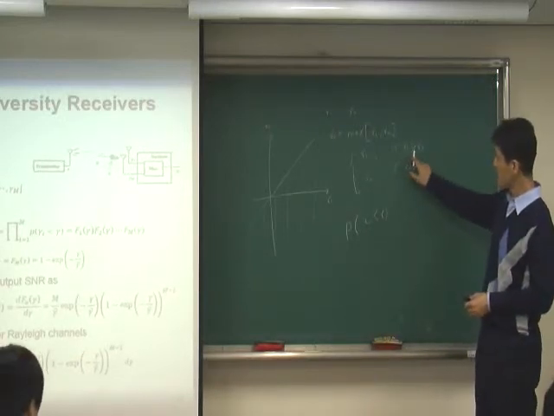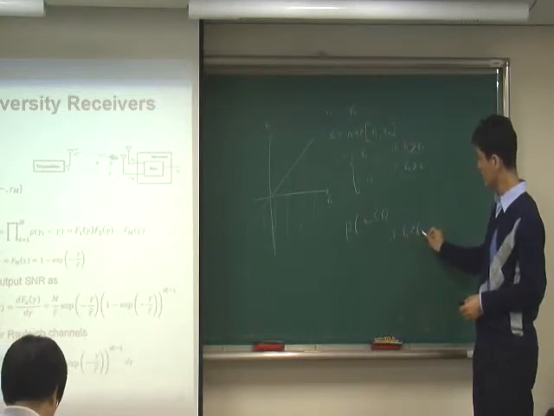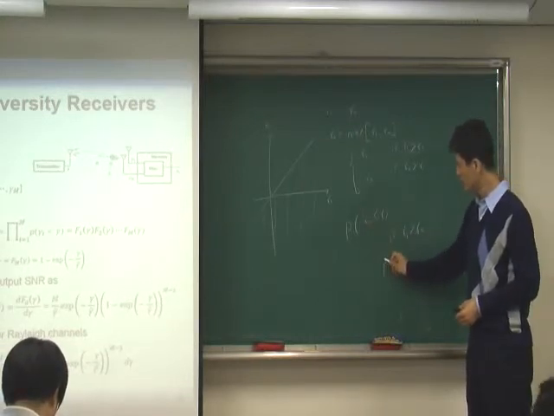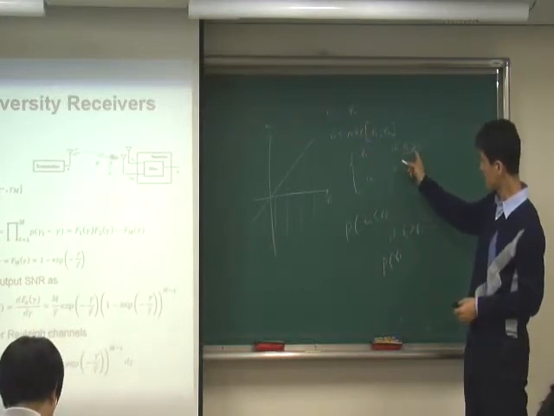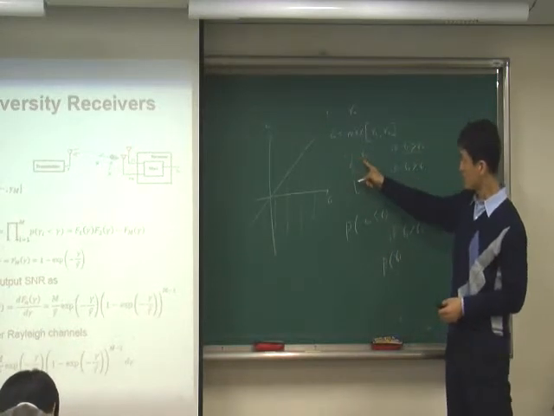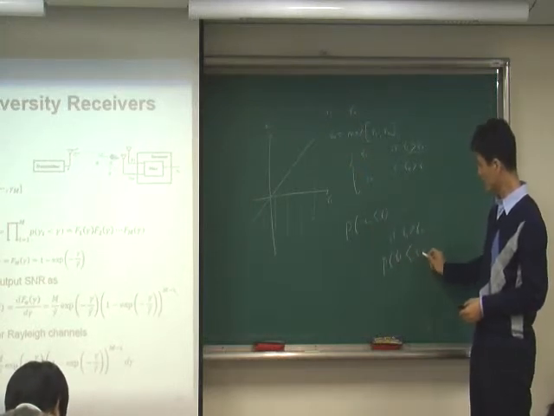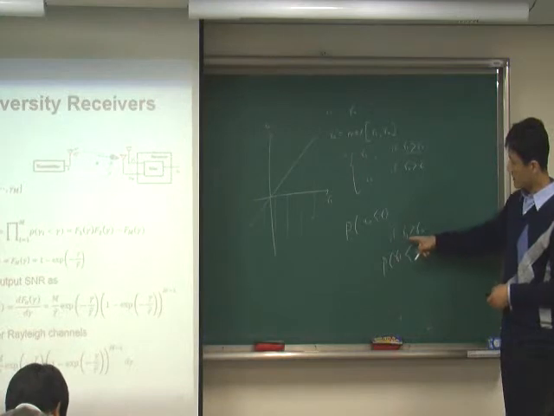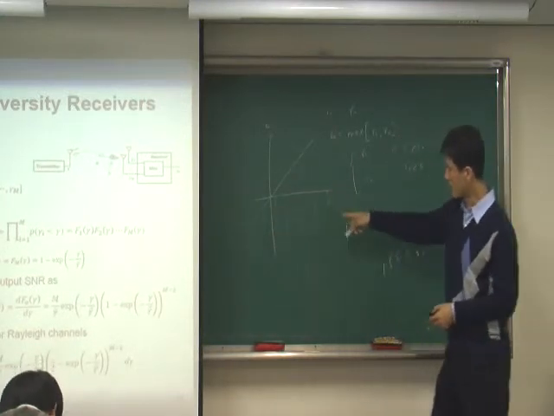And if gamma 1 is higher than gamma 2, then my output is going to be gamma 1. That's what I said, right? So I replaced my output with gamma 1. That's this one, and gamma 1 greater than gamma 2 means this area, the lower area.